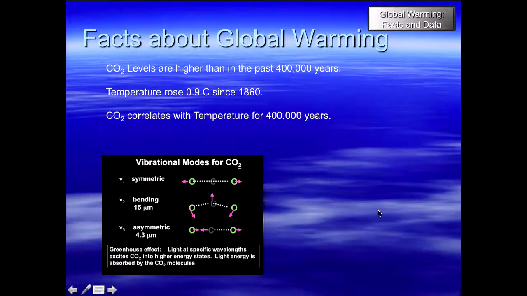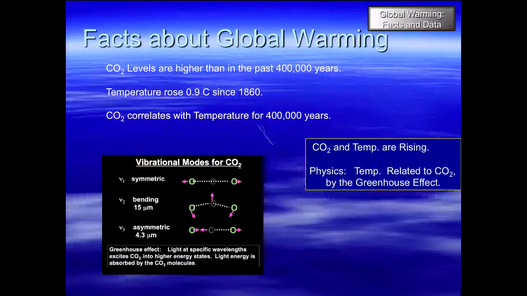And now you can begin to get an idea of why it might be that temperature might be correlated with carbon dioxide. The carbon dioxide correlates with temperature, that's observed, and the physics of molecules says that the temperature will rise if you put more of this trapping CO2 into the atmosphere.